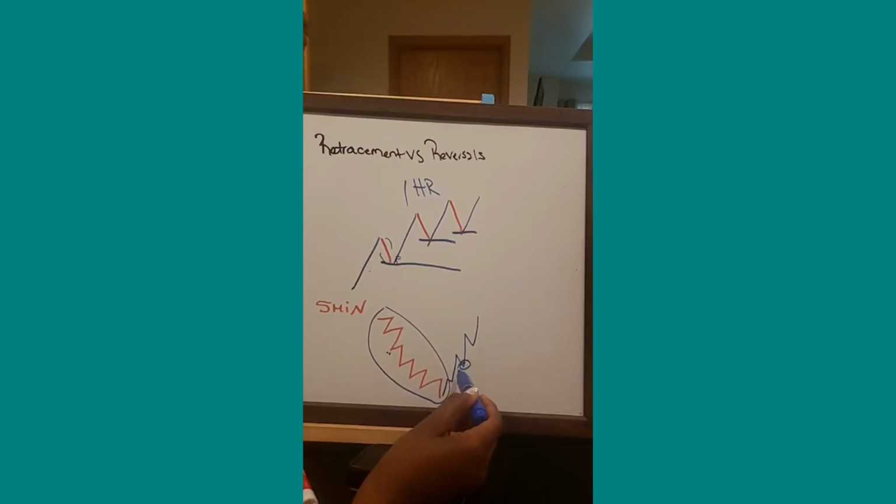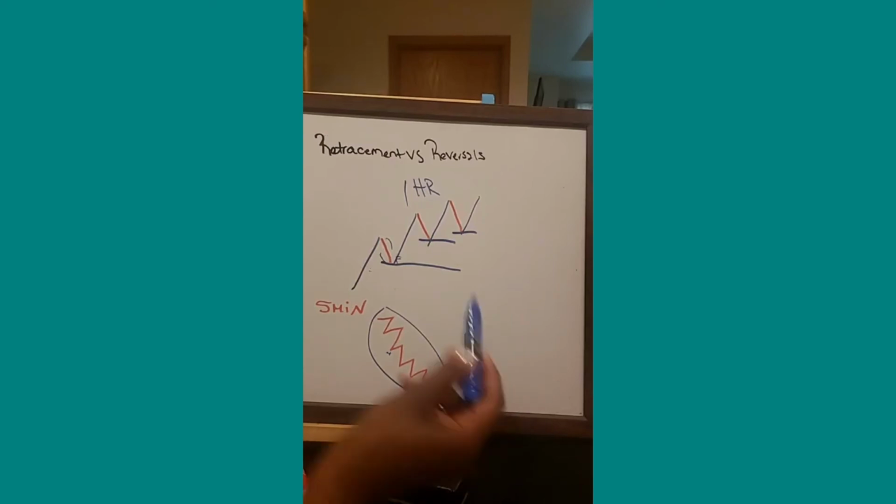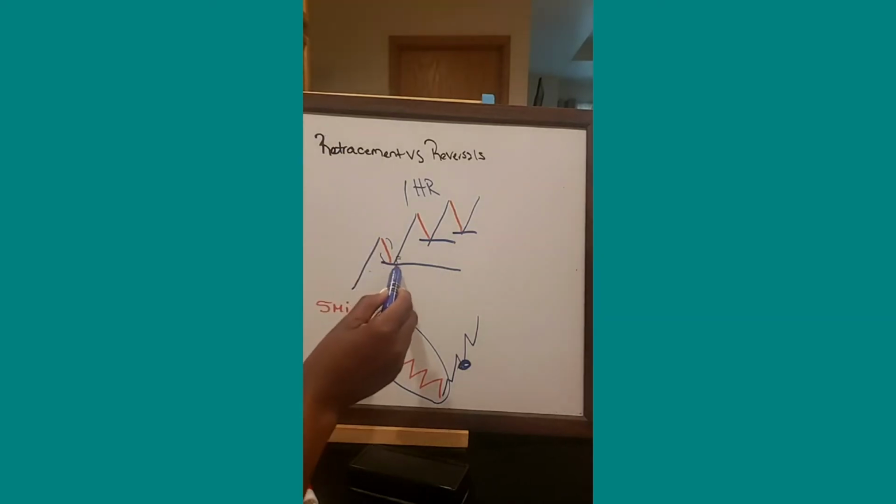Do I have a higher low? Higher low? You understand? So please don't make it confusing. That is the retracements versus the reversals. Those retracements are simply pullbacks, and those reversals are a complete turnaround.